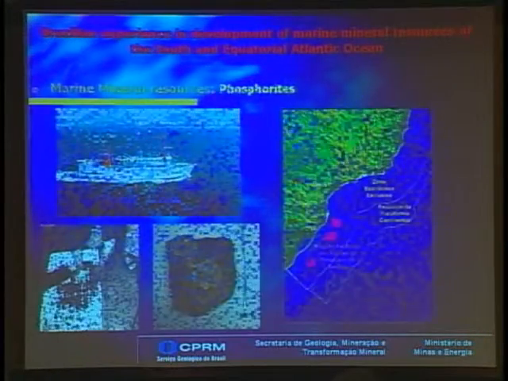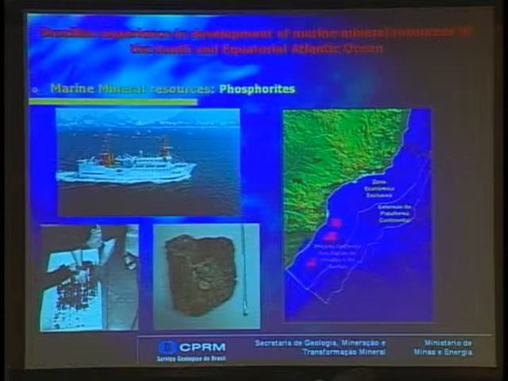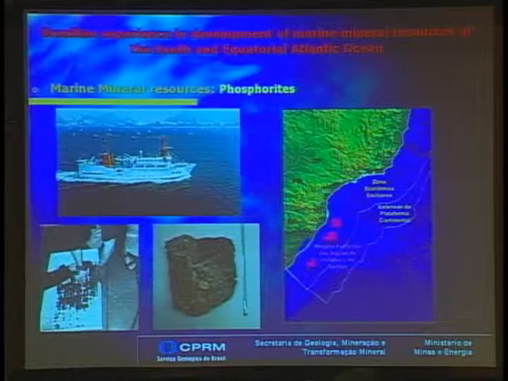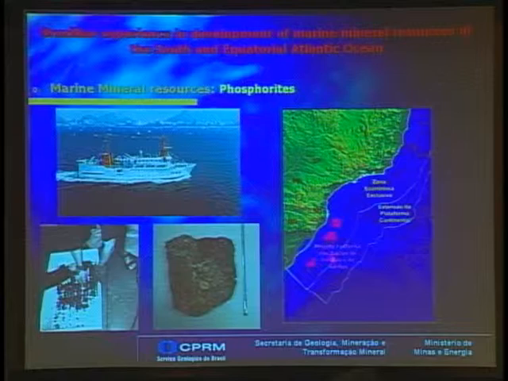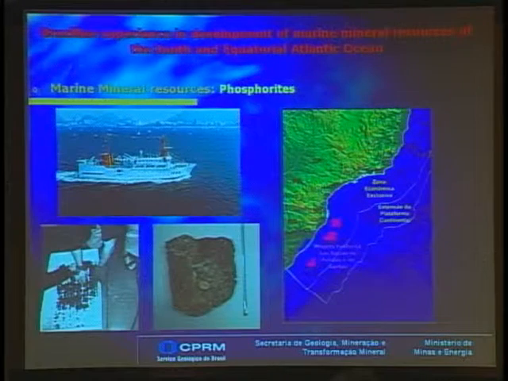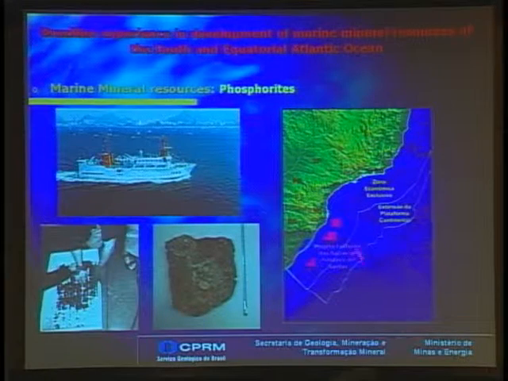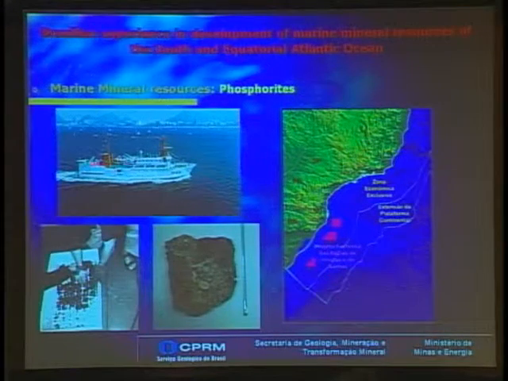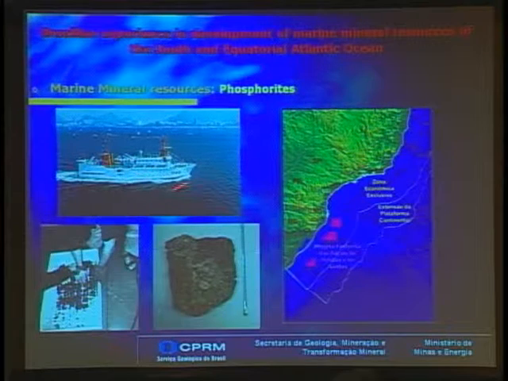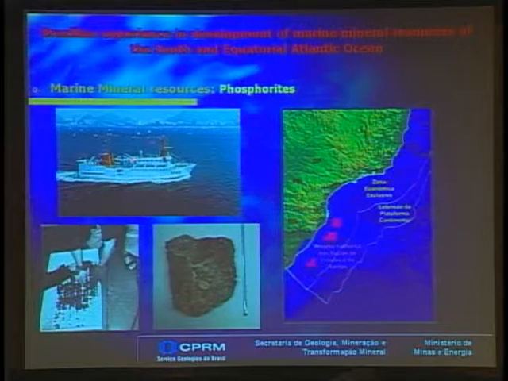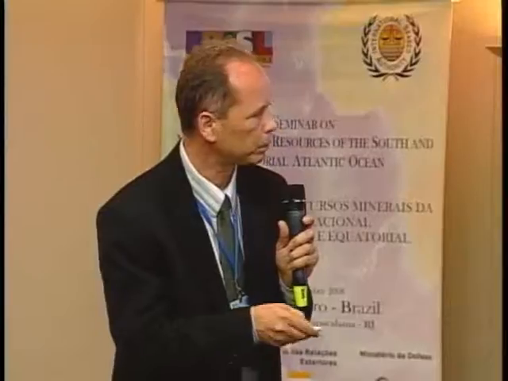We also have a project for phosphorite. We started in the south of Brazil, but we have other areas for future projects. We carried out an oceanographic cruise here using this vessel from the Brazilian Navy. We collected samples, so it is a project that is going on.